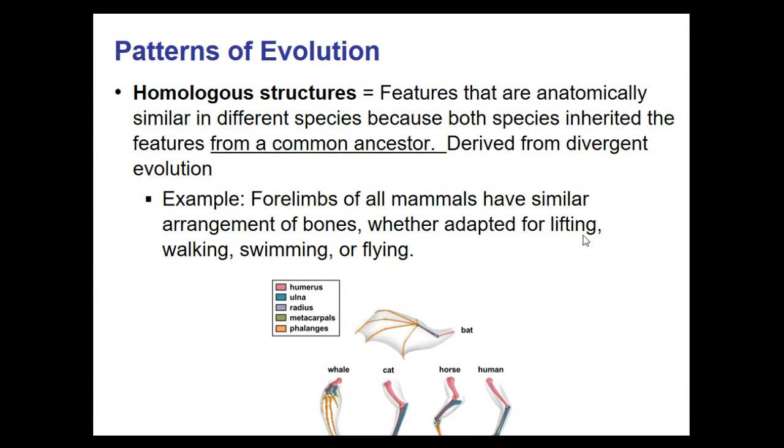Homologous structures are features that are anatomically similar in different species because they both inherited that feature from a common ancestor.